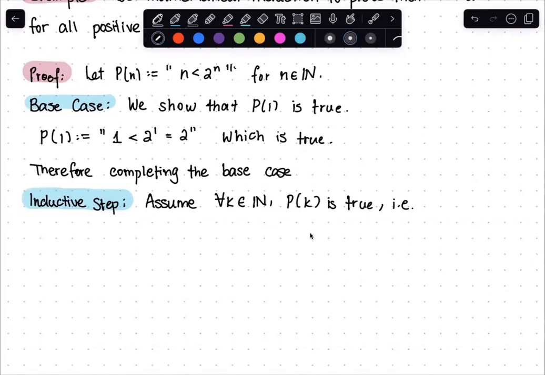By the inequality, P of k is saying that k has to be less than 2 to the k. This is what we're assuming. So this is our inductive hypothesis, which I'll label in green.